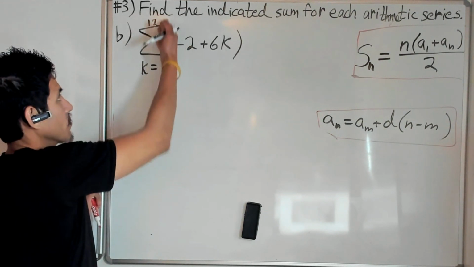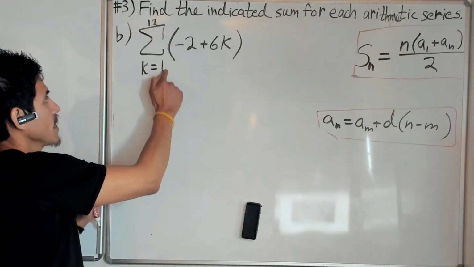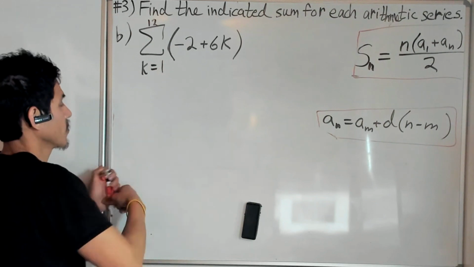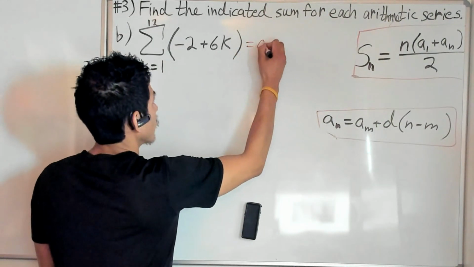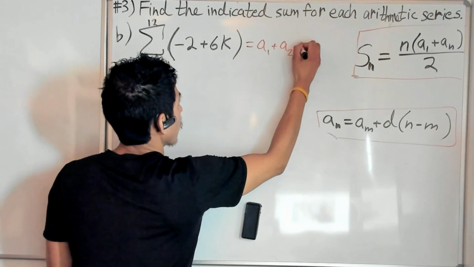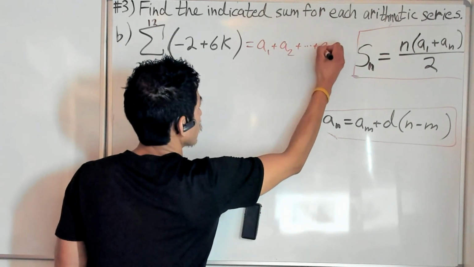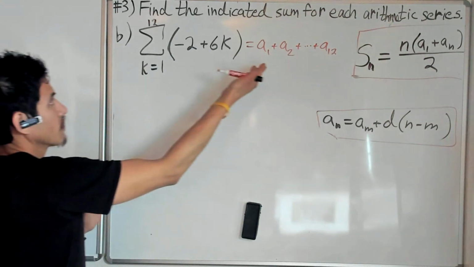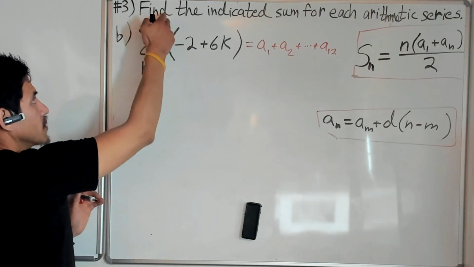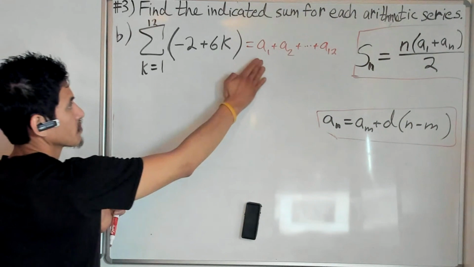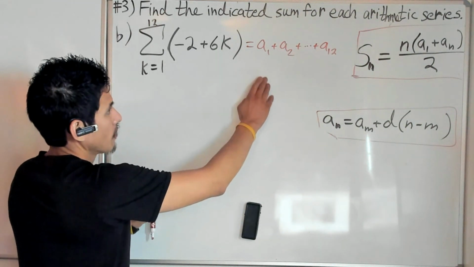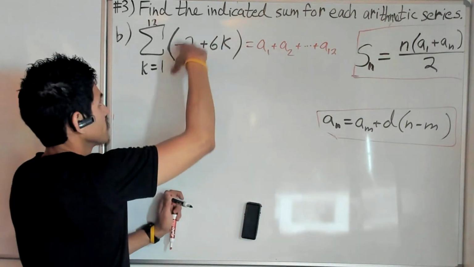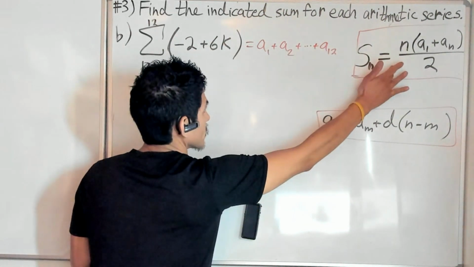It's just a matter of knowing how to read this notation. So this is saying to find the sum of the first 12 terms, or the terms from A1 all the way to A12. This is actually really easy because we can just find A1 and A12 directly, by plugging into this equation here and then using this.